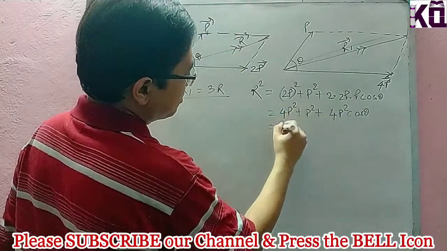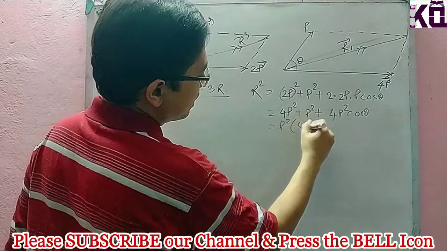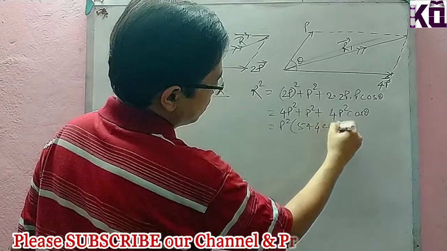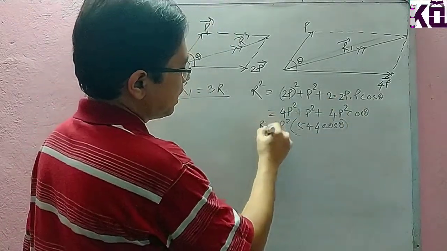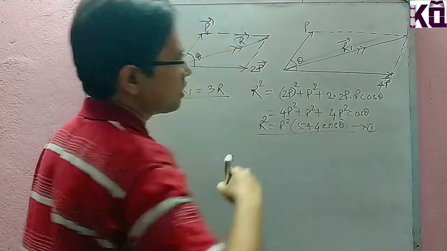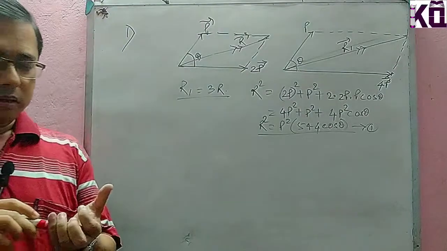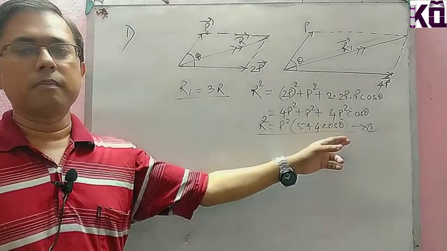That means if I take p square common, this one is 5p square, so p square into 5 plus 4 cos theta is the value here. We can say R square is equal to this one, that is equation number 1: R square is equal to p square into 5 plus 4 cos theta.